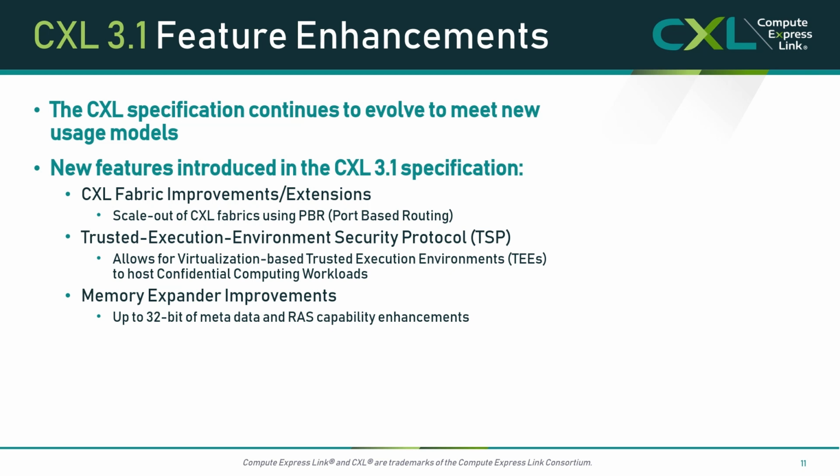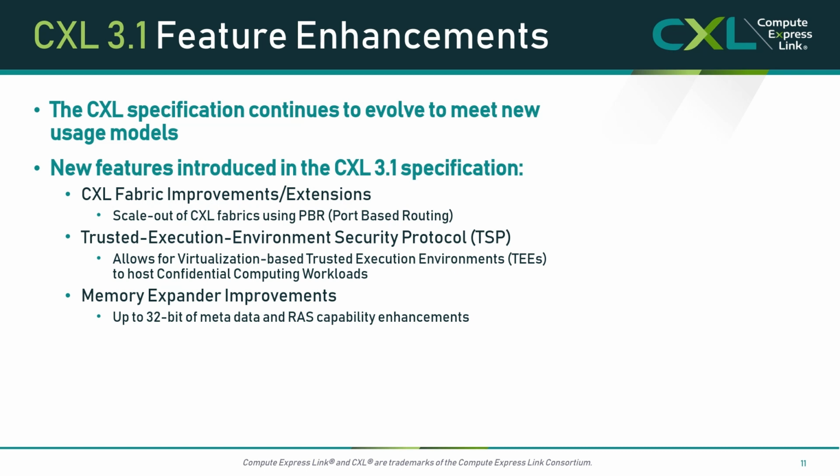So you're looking for CXL Fabric improvements, and to provide the scale that we were looking at, you needed to provide new ways of routing those requests or flits across that fabric. So the notion of CXL fabrics with port-based routing was defined, and now you can support the scale-out needs of the ecosystem.